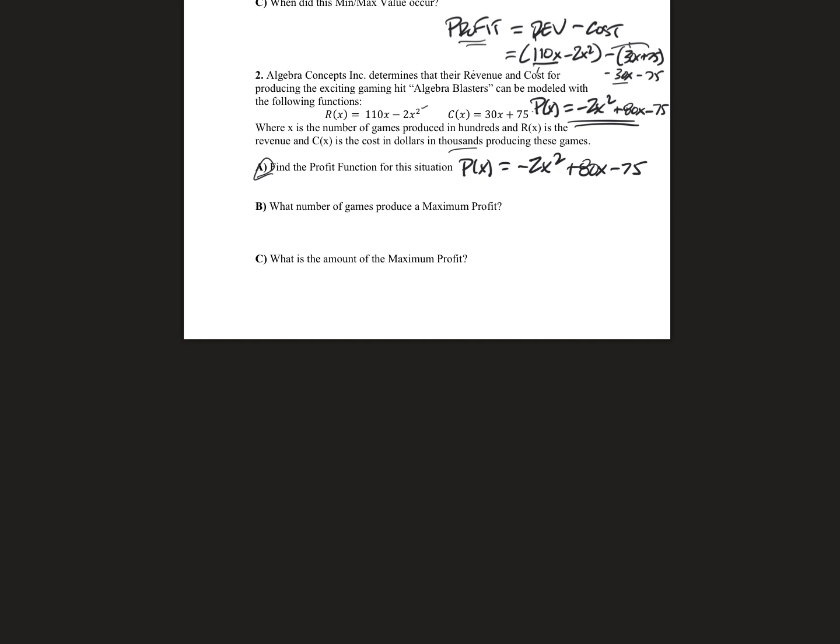So what number of games produces a maximum? What is the amount of the maximum profit? Well, we are expecting a maximum here because we are quadratic and our lead coefficient is -2. If we were to graph this, I would have a parabola opening downwards. So to answer A and B, I'm back to finding the vertex again.